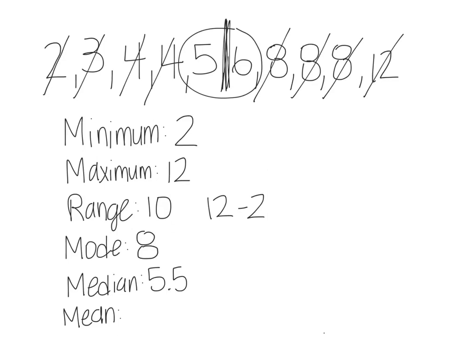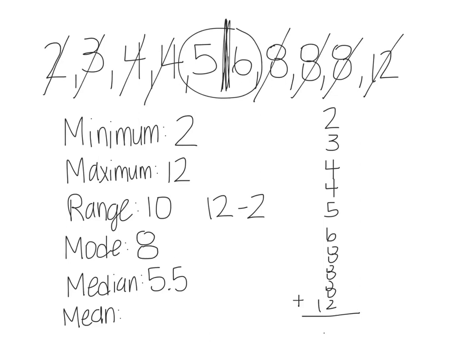Then the last one is the mean. To find the mean, I add all of these numbers up, then divide by however many numbers I have. So I have listed out the numbers I will be adding, and I'm going to go ahead and add them now. So I'm going to find things that make it a little easier for me to add.